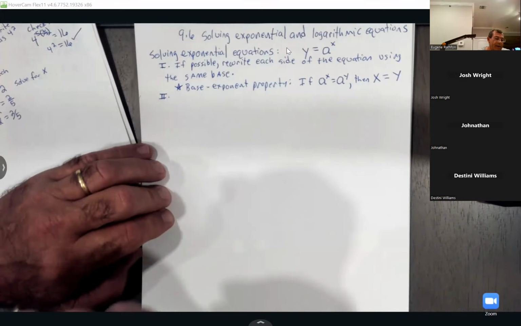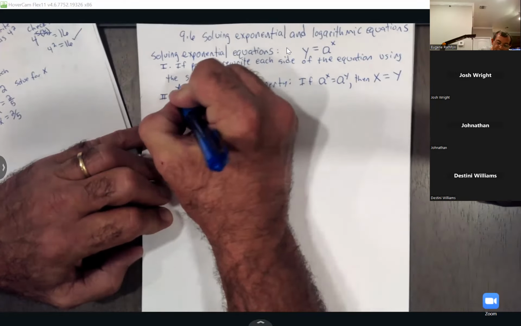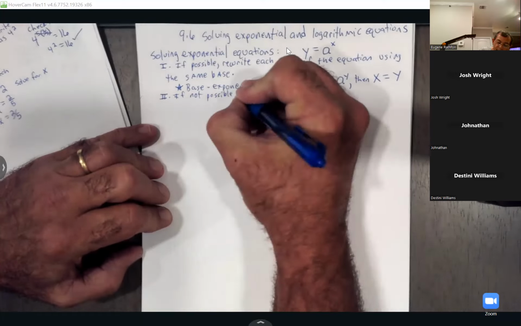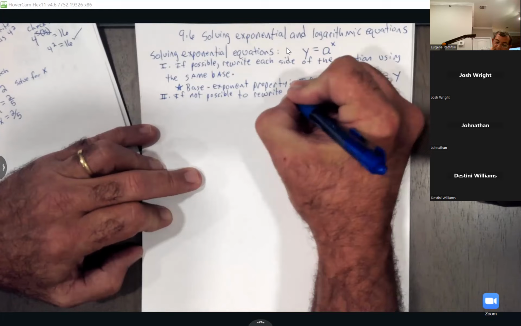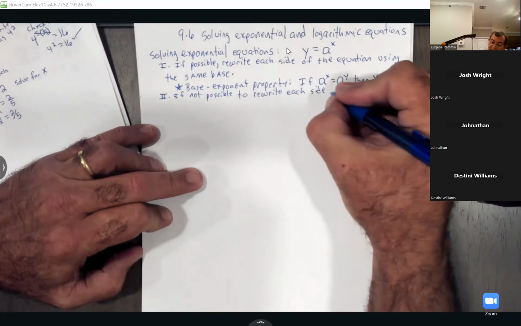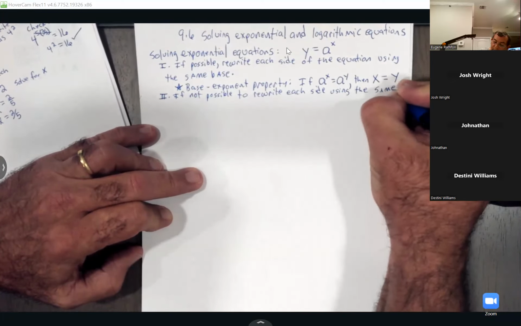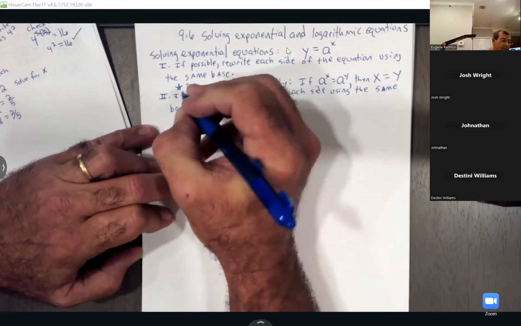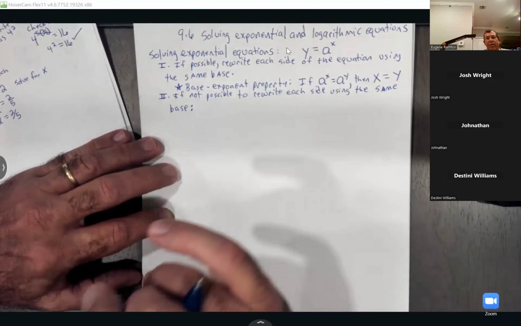Now, if I cannot rewrite each side using the same base, so if it's not possible to rewrite each side using the same base, then I need to take the next few steps I'm going to show you.